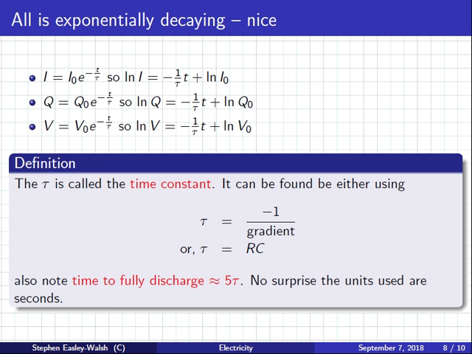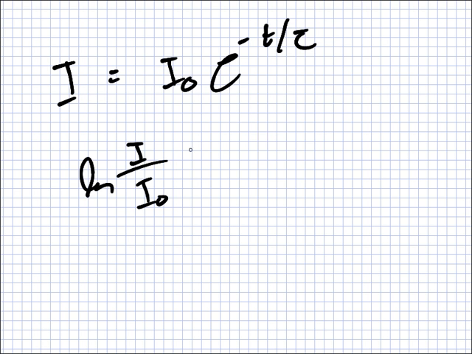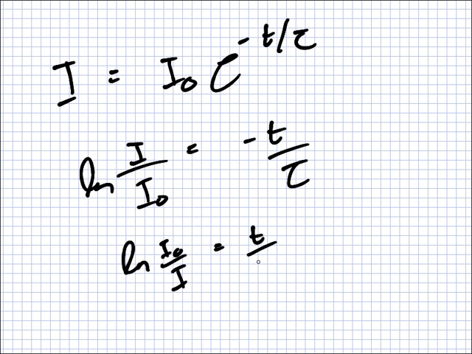You could try to prove it. Let's see. I equals I0 e to the minus t over tau. Why does tau equal RC? I over I0, log, equals minus t over tau. Log I0 over I equals t over tau.